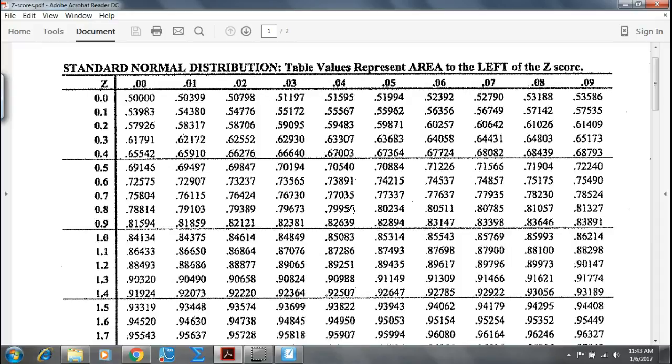Yeah. Well, it's only 45 off, whereas the one right next to it is 234 off. So I'd go with 0.84 there.